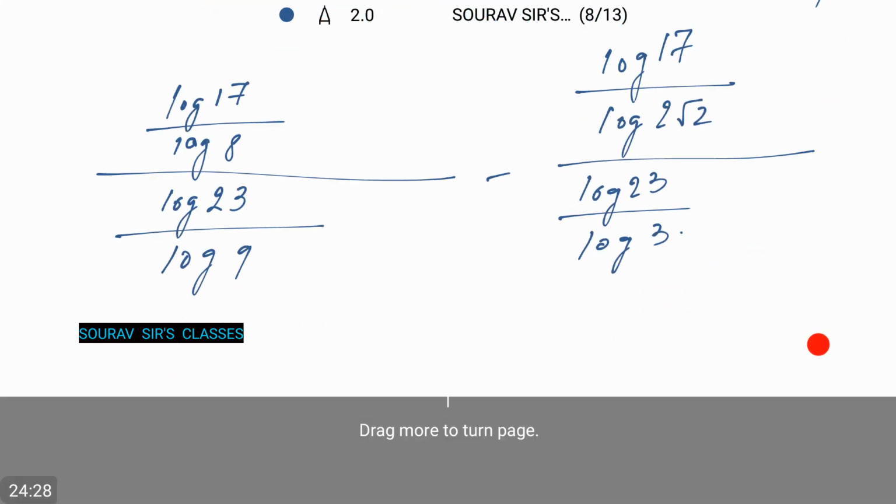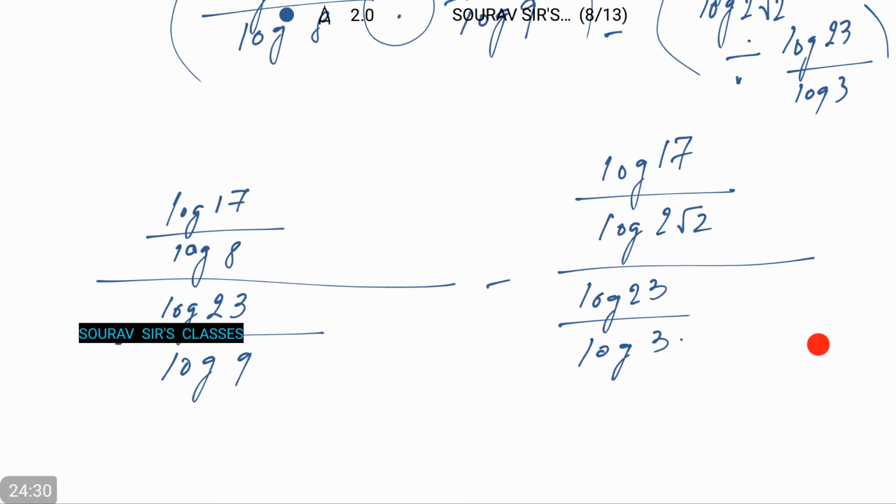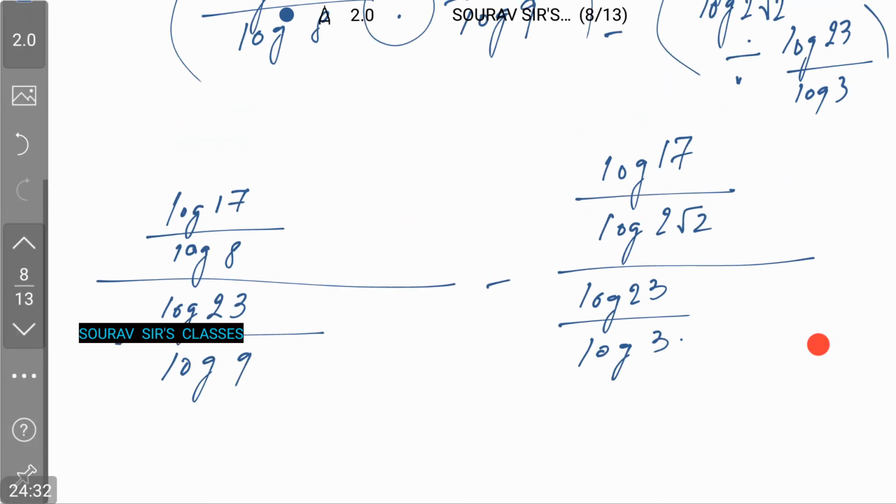Now you can visualize this as, let me just grab a new page.